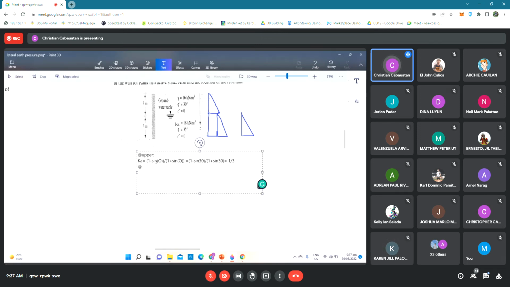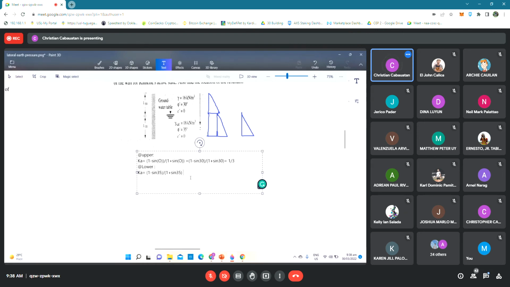So, at the lower layer naman tayo. Therefore, ang ating Ka ay equal to 1 minus sine of 35 divided by 1 plus sine of 35.